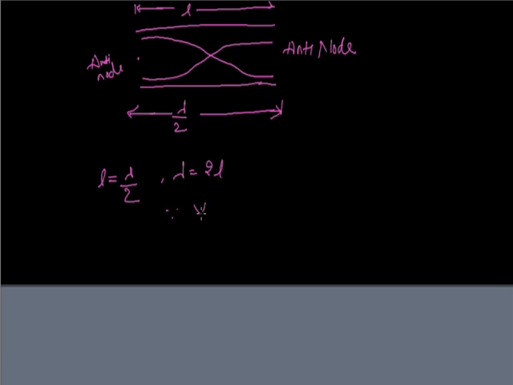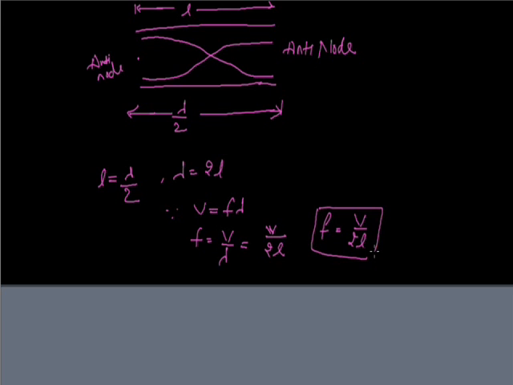Again we know velocity is equal to F lambda, so F will be V by lambda. If we put in the value of the wavelength, 2L, the first frequency, the fundamental frequency, is F equal to V by 2L.